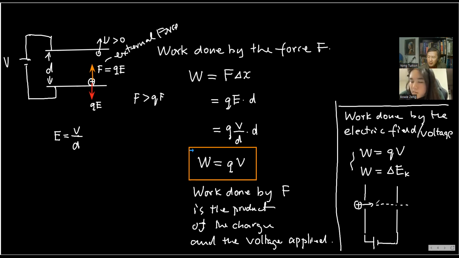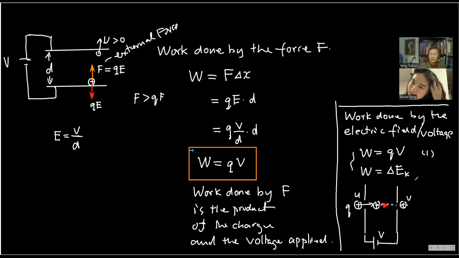If the charge has already entered this area, we know there is a force that will accelerate it. The initial velocity is u, and the final velocity when it comes out, we call v. If we apply this voltage, then the work done can be calculated by this formula, and this work done is also equal to the change in the kinetic energy.